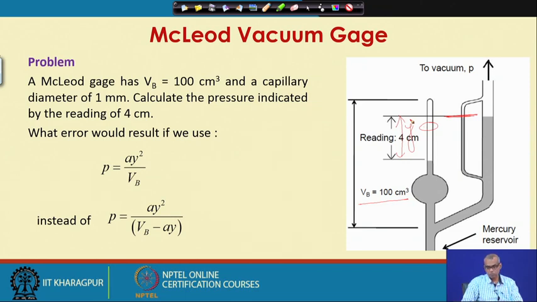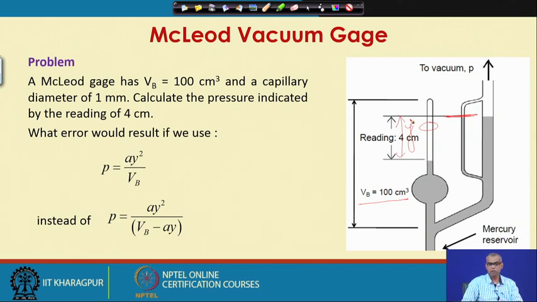We can make use of the previous equation that we have derived to calculate P. So, once again the McClure gauge has VV equal to 100 centimeter cube and a capillary diameter of 1 millimeter.